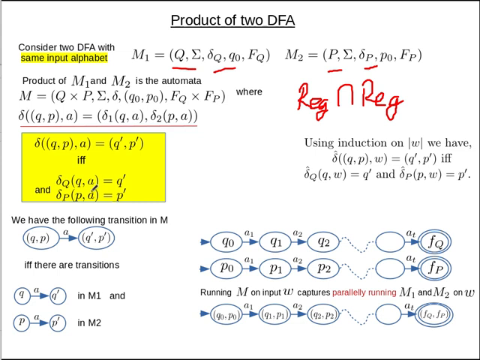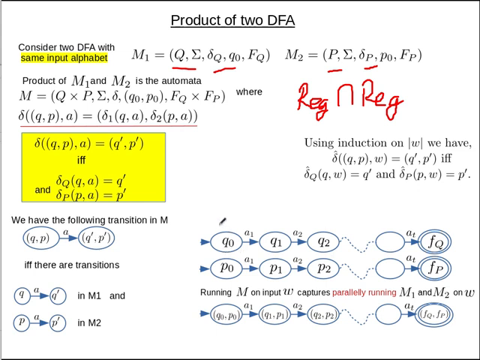So in M, again, the states are the pairs of states from here and here. So QP is going to Q prime P prime on A. So that was the idea. And once you have that, you can do it for multiple steps.